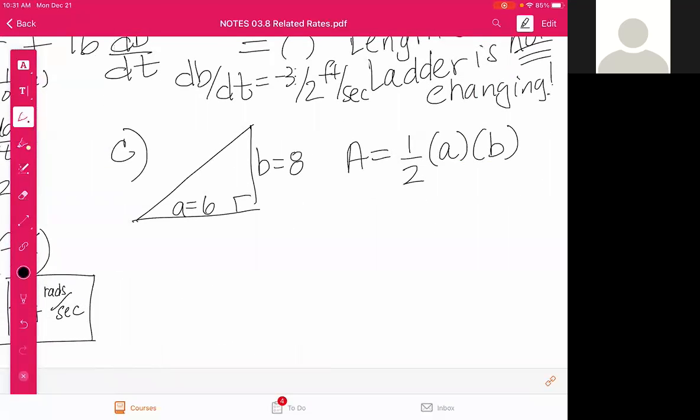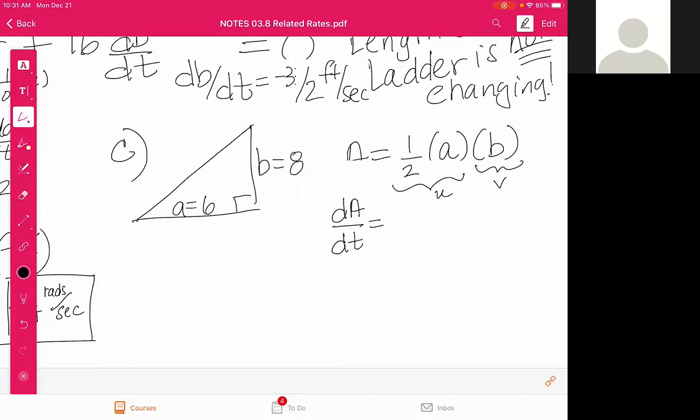If you want to know how fast that is changing, you take the derivative of that implicitly. So this is product rule. This is U and this is V. Okay.